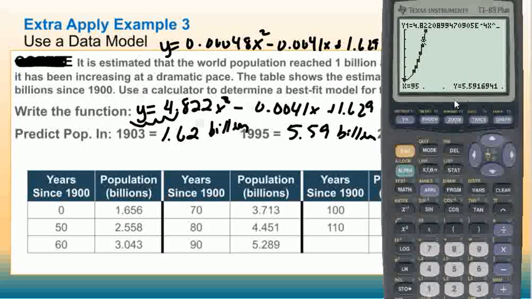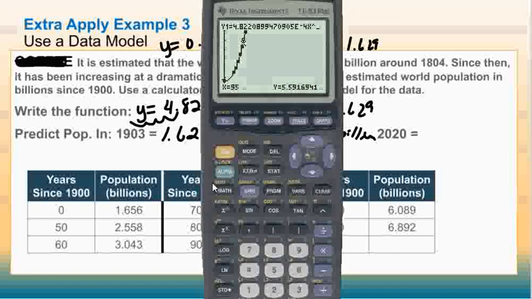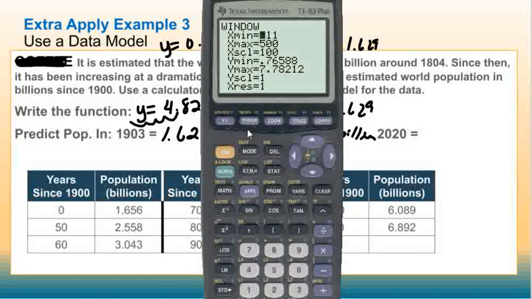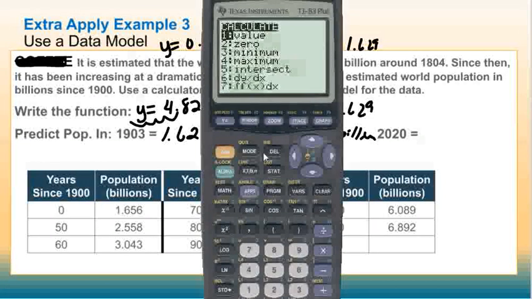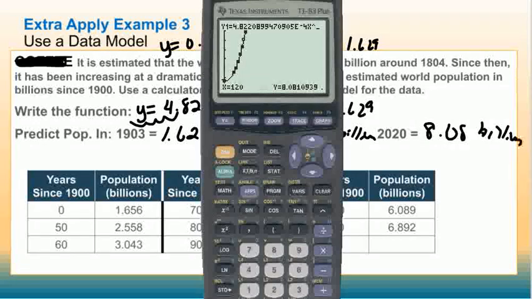And then our other one, 2020, so that would be 120 years after. So I'll check my window. Yep, so we should have that. So second trace, number one, so 120 years after, we would get 8.08 billion. So 8.08 billion people. So that is our lesson on modeling data.